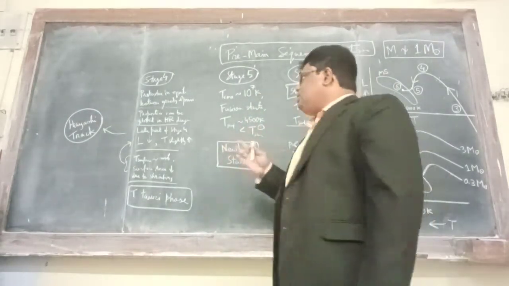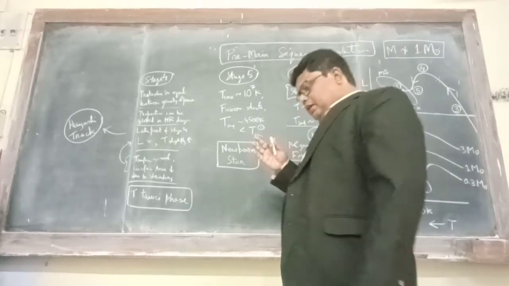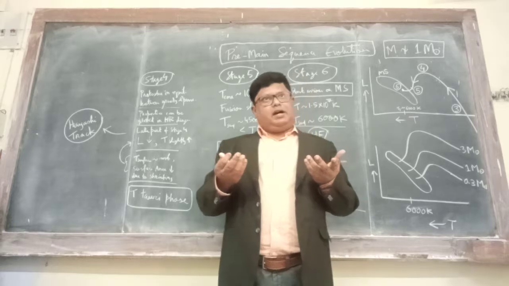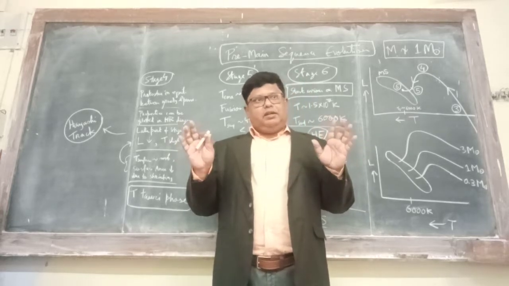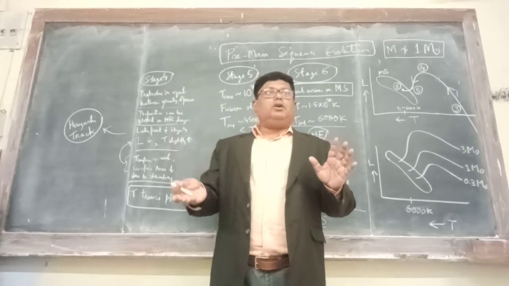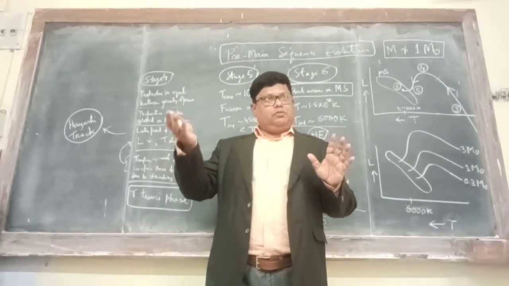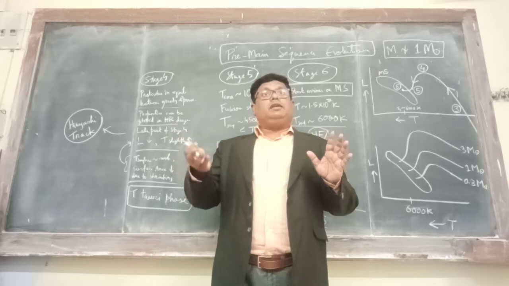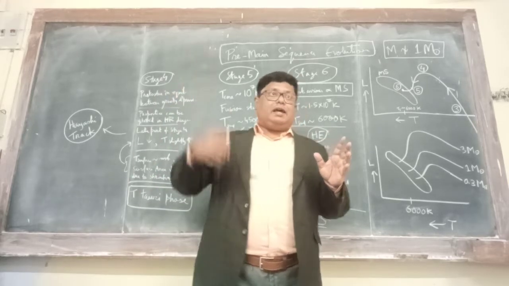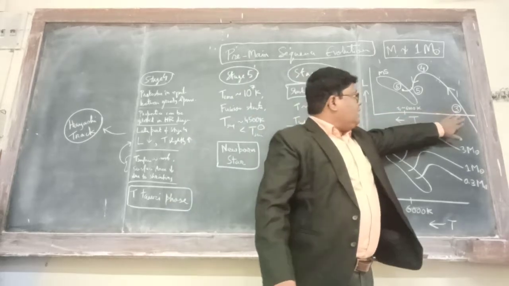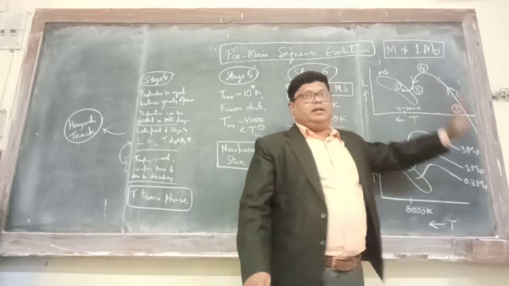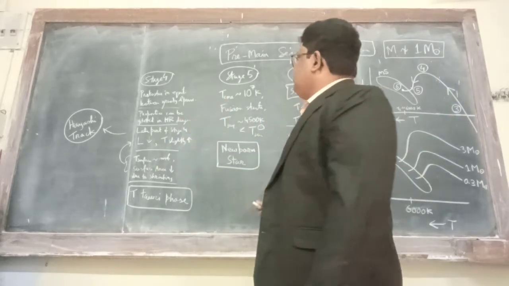Up till now, where was the star in the HR diagram? Actually, the luminosity was still not very high. But now, because of the increasing temperature, the luminosity also increases, and now slowly at the end of stage 3, the star can be plotted in the HR diagram. So now let us talk about stage 4.